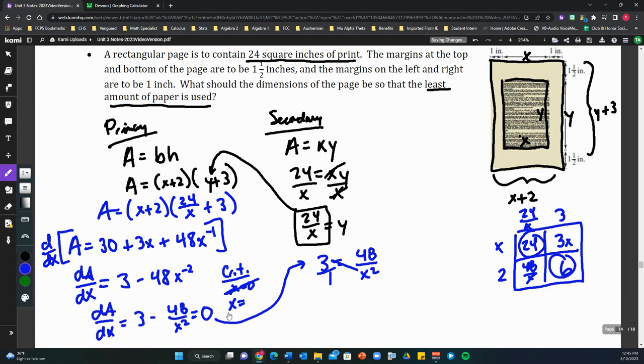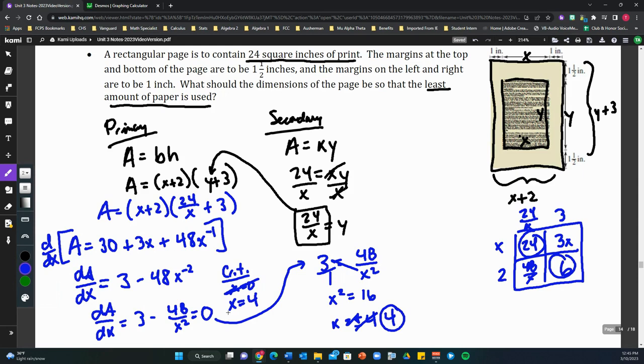So we would end up with X squared equals 48 divided by 3, or 16. Then I can square root both sides, and I get plus or minus 4. But again, just like 0 not making any sense in the real-world context, this inner dimension being negative 4 also does not make any sense. So we are really just working with positive 4 as our critical number.